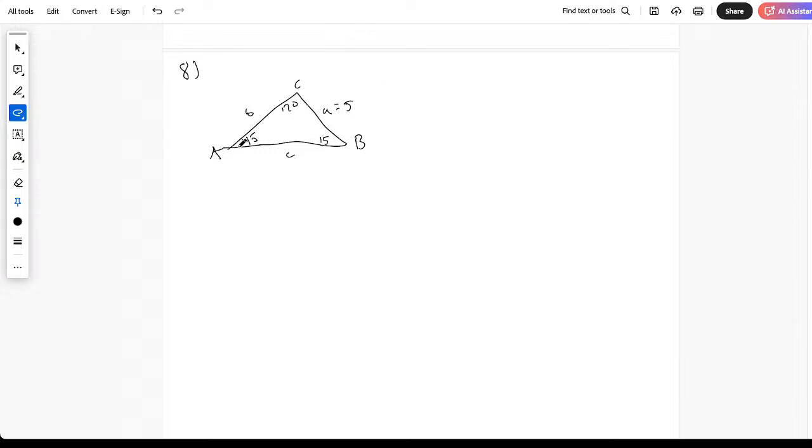Okay, so we have angle A and side A, so let's start with that. So sine of 45 over 5, and that equals the sine of B, which is 15, over side B, and that also equals the sine of C, which is 120, over side C. So we're going to do one at a time.